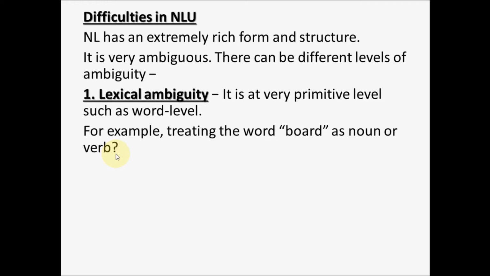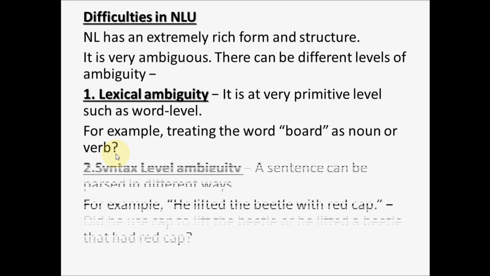Whereas in some other context or sentence, the same word may appear as a verb, right? So this is a lexical ambiguity that is faced from the machine side, whether to treat the particular word as a noun or whether to treat it as a verb, and so on. So this is lexical ambiguity.